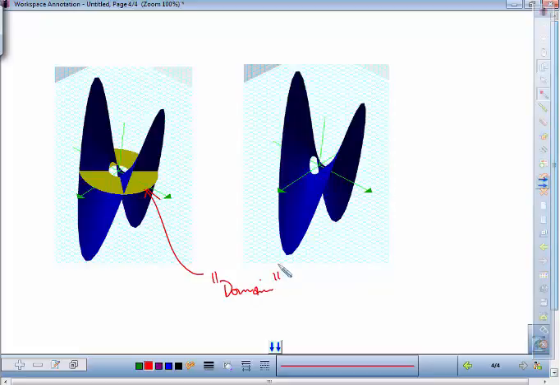Okay. Yeah, that's all there is to this section. Any questions? No? All right, let's move on.